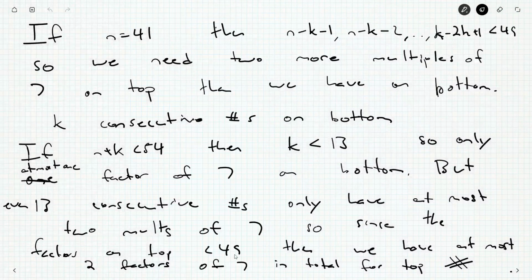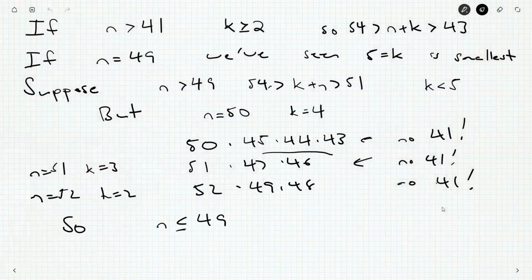Okay, so there we go. That finishes that off. Anytime it's less than 49. So that happened if n was 41. Now, if n is bigger than 41, if it's 49, we're good to go. If n is bigger than 49, we've got a bit of a problem.